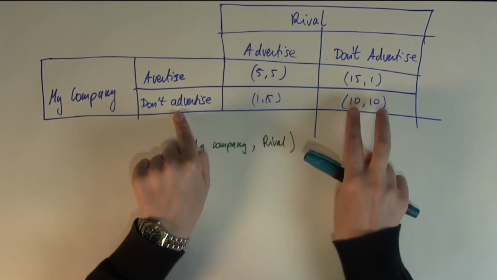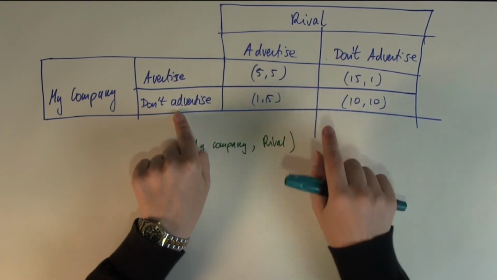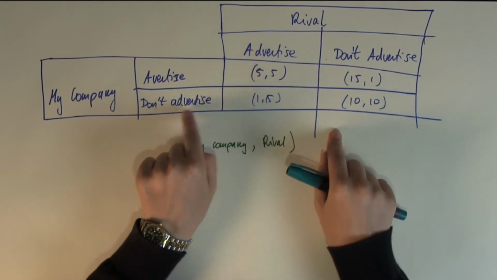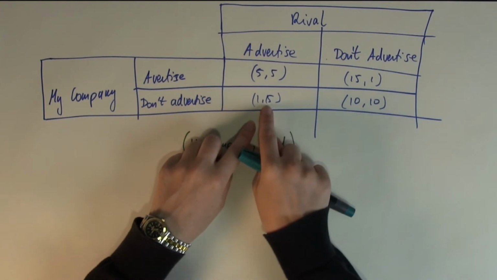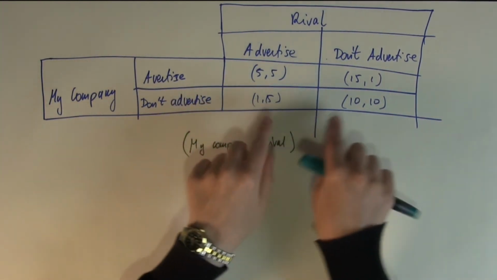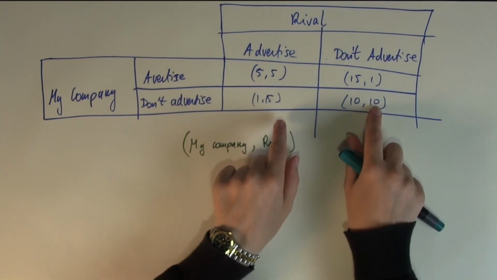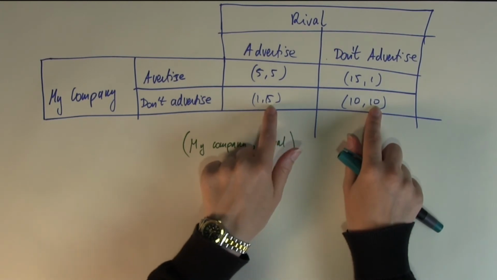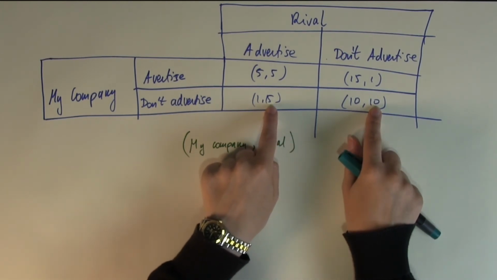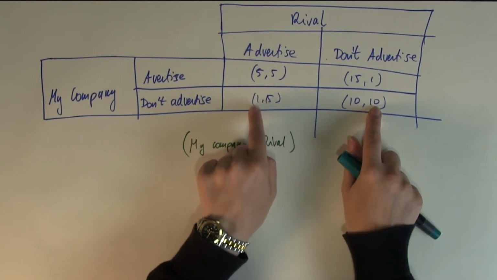So if my rival knows that I'm not going to advertise, they're going to choose to advertise. Why? Because instead of 10 million, they could earn 15 million. And quite frankly, a 5 million difference is a nice big difference. So they would definitely go for advertising, and I would lose out because I would only earn 1 million.